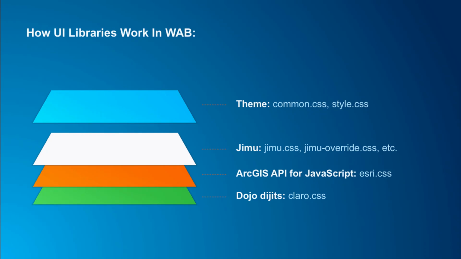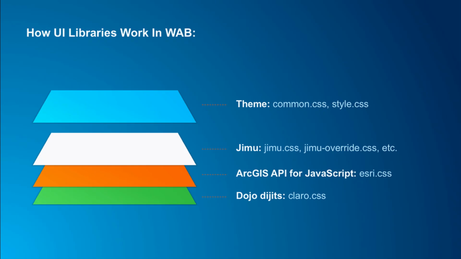So why is this? Let's take a look from a different angle. Because the ArcGIS API for JavaScript is built on top of the Dojo framework, a lot of widgets from the API are reusing the Dijits from Dojo.